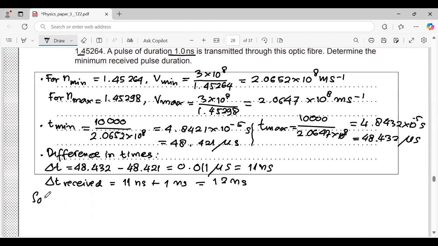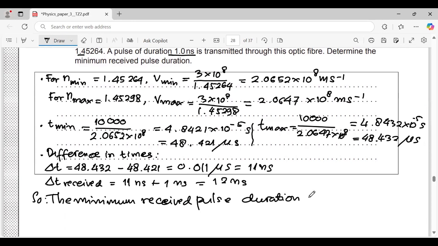So the minimum received pulse duration is 12 nanoseconds.